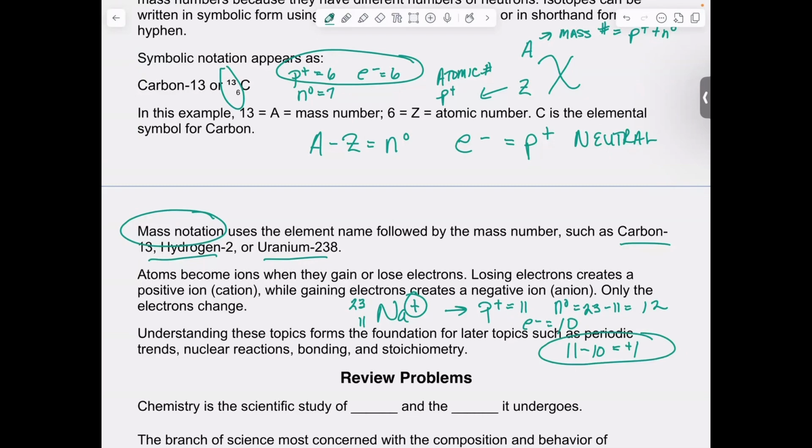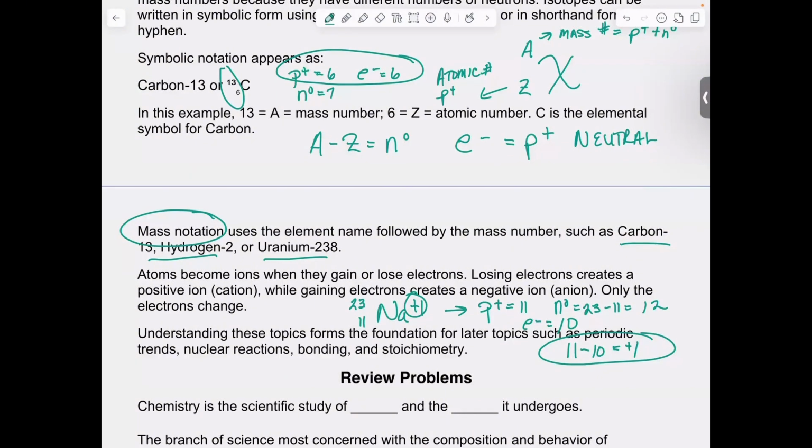So in this notation where you see Na plus, technically it means plus 1. If it's 2, 3, and 4, you would see plus 2, plus 3, and so on. But that's how you would determine, if you're given an ion, either a positive ion or a negative ion, the number of protons, neutrons, and electrons in that setup.